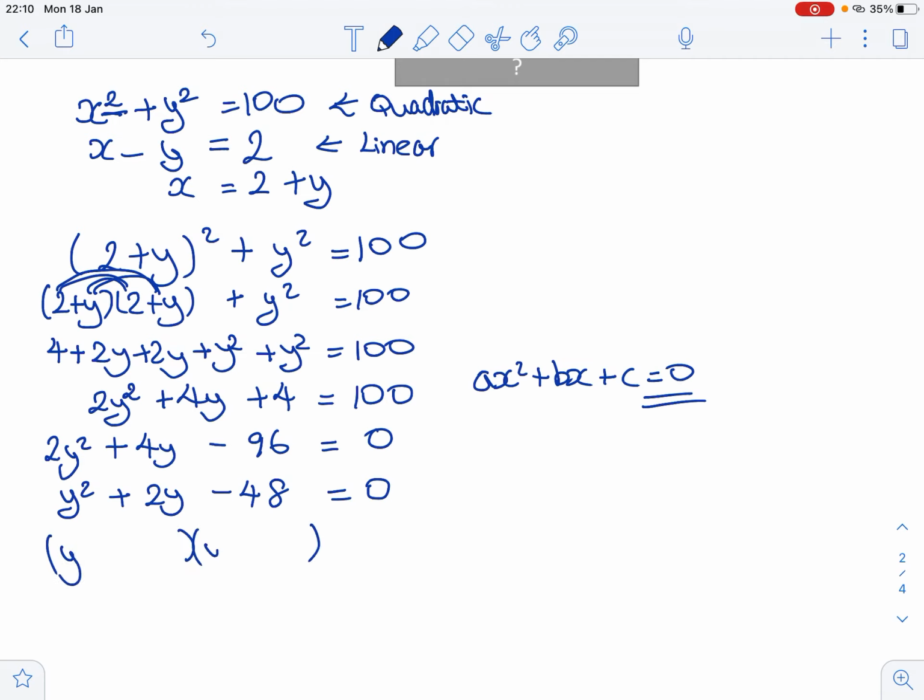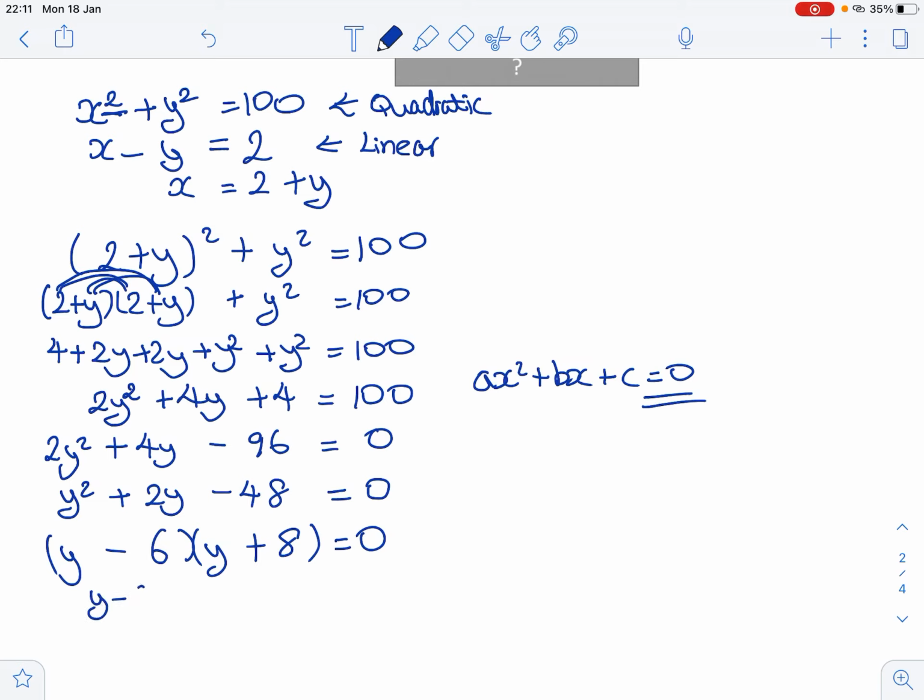So I can factorize now to find the values for my y. 6 times 8 is 48, and it's plus 2y, so it's (y minus 6)(y plus 8) equals 0. When it's quadratic, I actually get two values for my y.